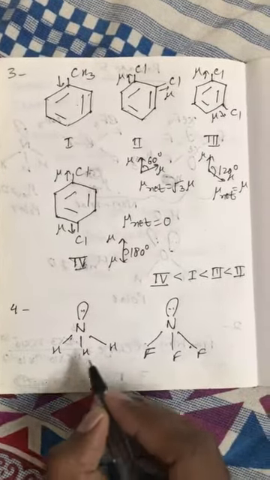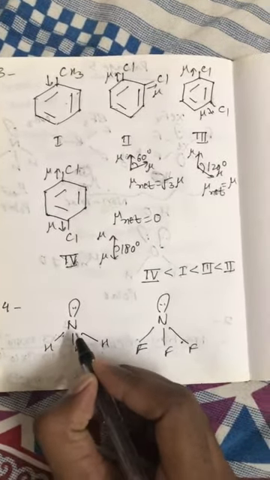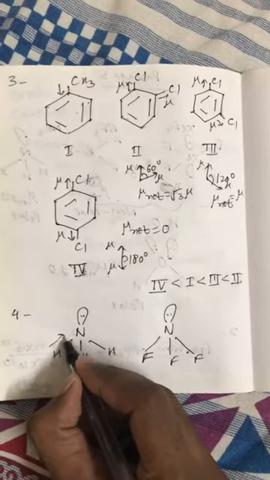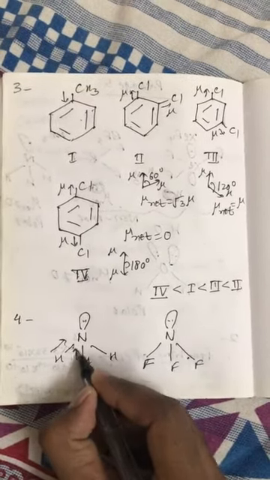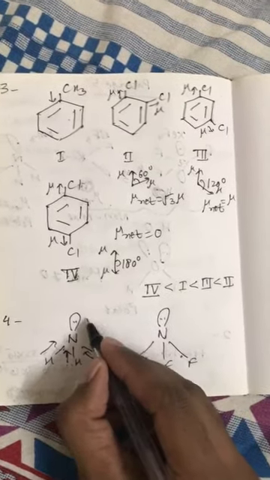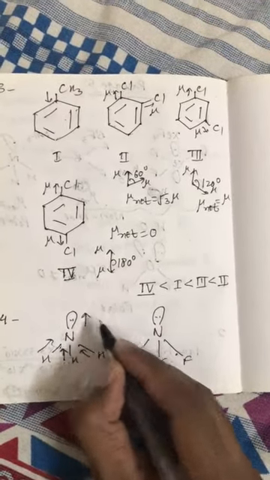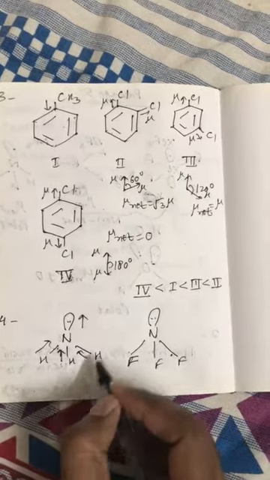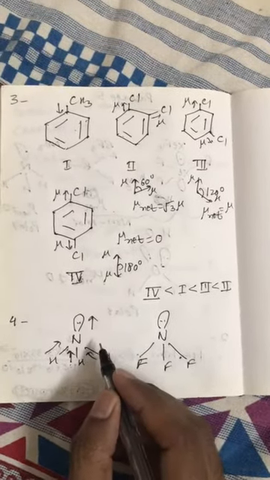Question number 5. Now here the direction of dipole moment of the NH bond will be this, because of more electronegativity of nitrogen, and that of the lone pair will be this. So here the dipole moment increases.